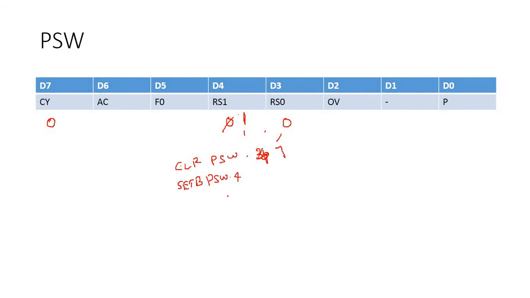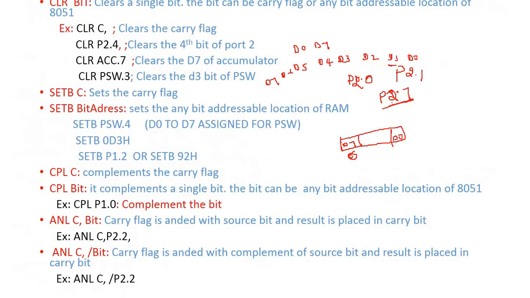Is it clear? Right? If it is PSW.3, it will set the RS0 as 1. Right? Similarly, if you want to set any particular pin of the ports, that also we can do, that is SETB P1.2.